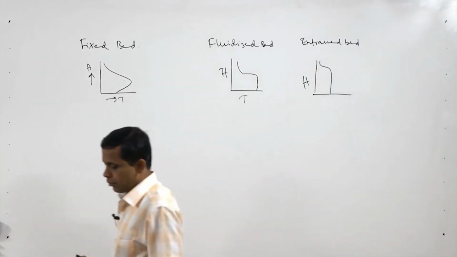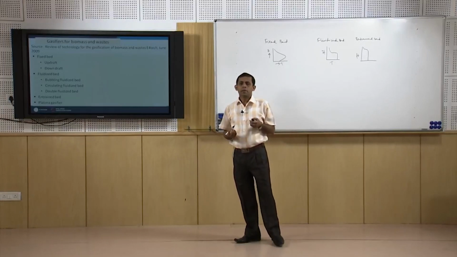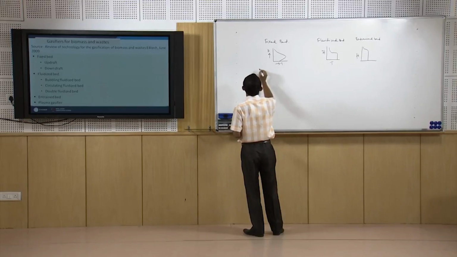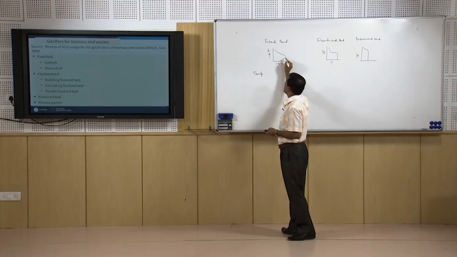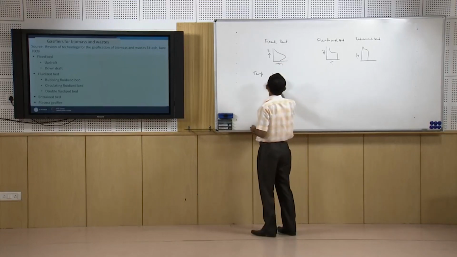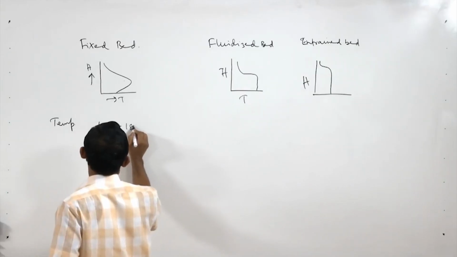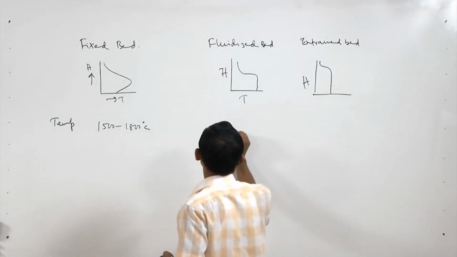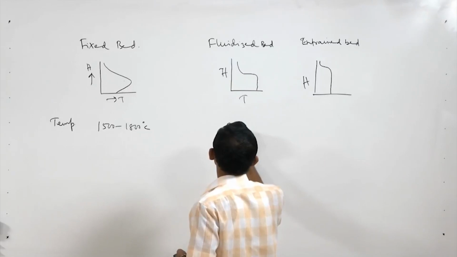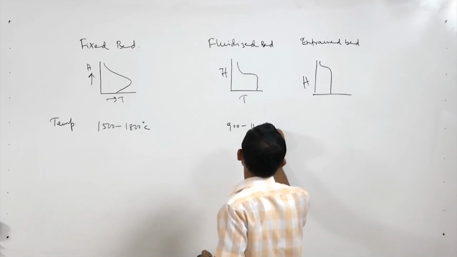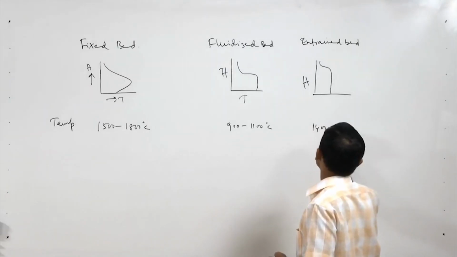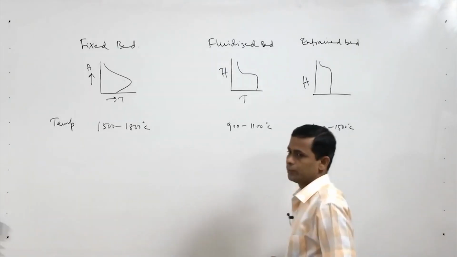Now, we will consider some more parameters for comparison. Number one, gasifier temperature. For fixed bed, this temperature is very high, around 1500 to 1800 degree centigrade. For fluidized bed, this is let's say 900 or 1100 degree centigrade, and for entrained bed, this is say 1400 to 1500 degree centigrade.